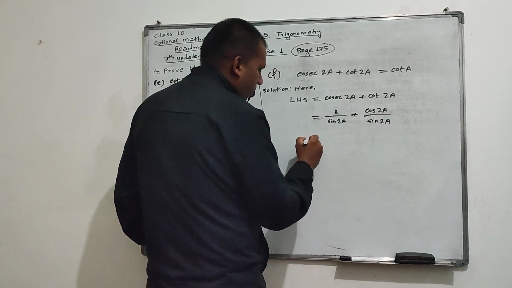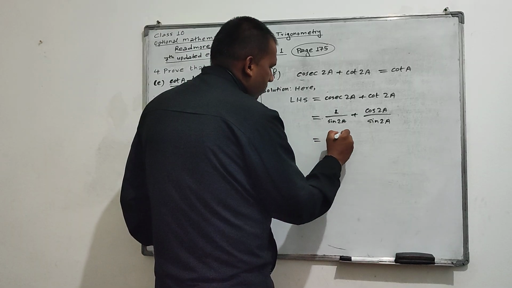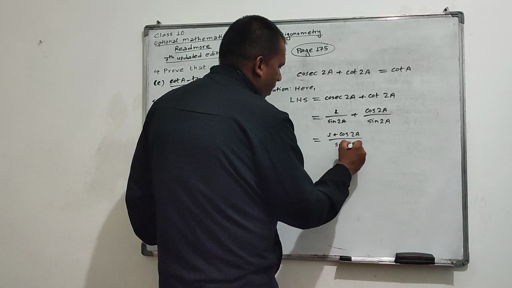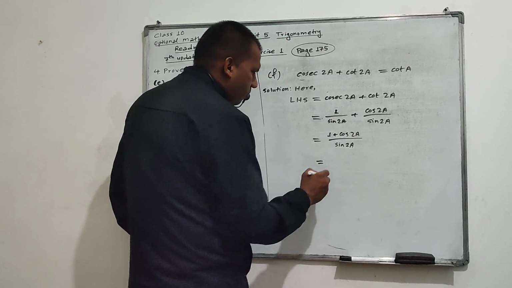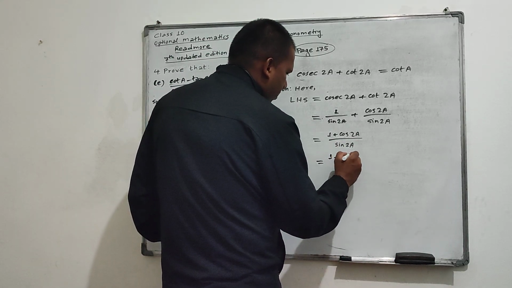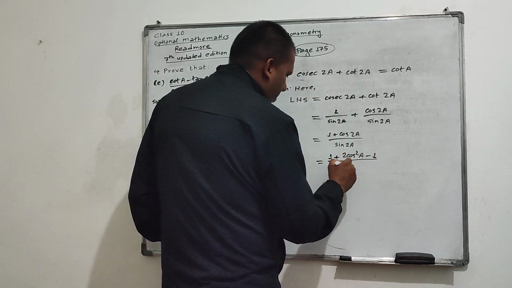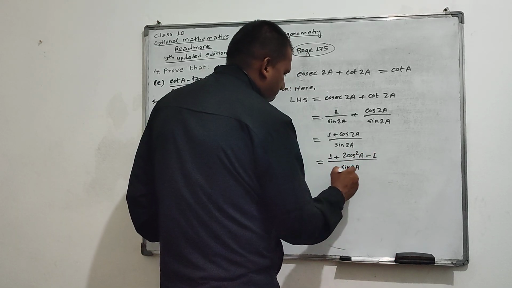Now taking LCM, 1 plus cos 2A whole upon sine 2A. Using the formula of cos 2A, that is 2 cos square A minus 1, whole upon sine 2A.